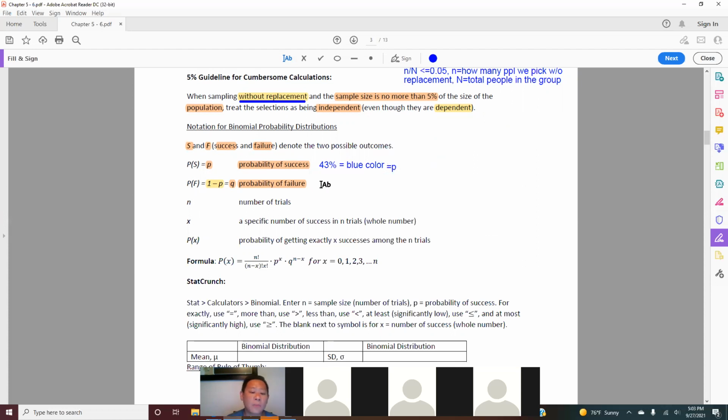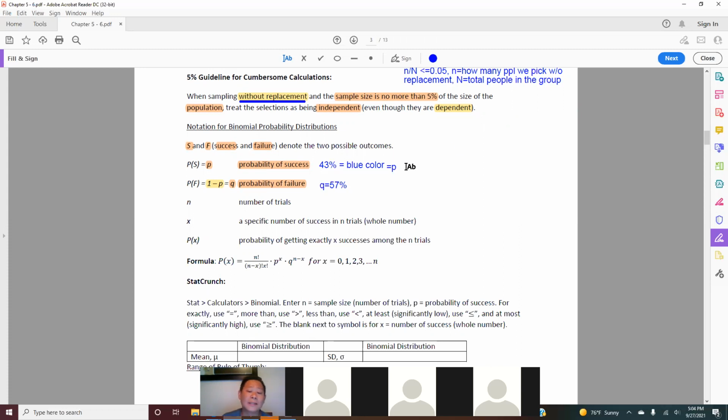Can someone tell me what would be your Q in this case if I say 43% is blue color? That will be 57%. How do we find 57%? You take 100%, subtract 43%. Or if you add P and Q, you get 100%.